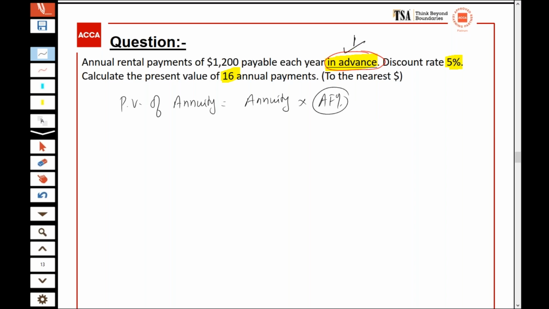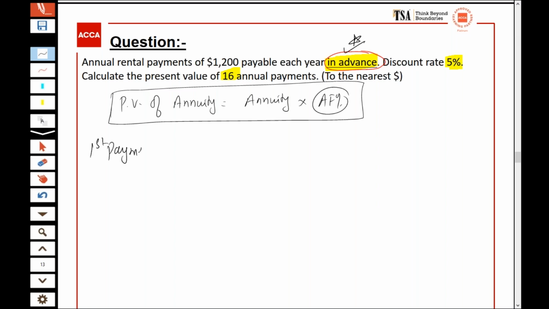Here is something different. It is in advance. First of all, do tell me, when will you make the first payment? The first payment is now, because here it is in advance.